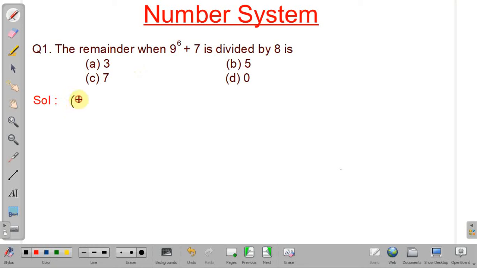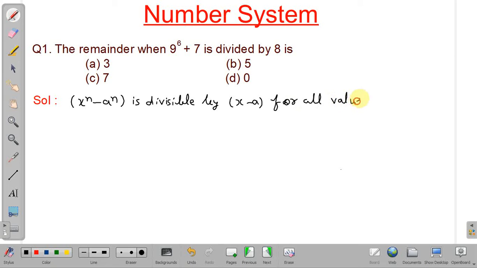See, we know x to the power n minus a to the power n is divisible by x minus a for all values of n. Okay, for all values of n, that is, even if it is odd or even. Okay, so we can say 9 to the power 6 minus 1.